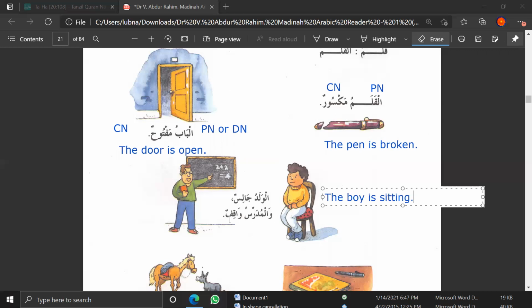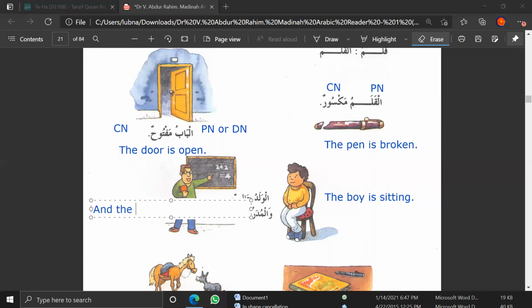And wal-mudarrisu waqifun. And the teacher is, what is the opposite of sitting?